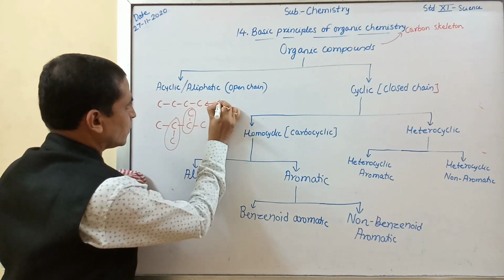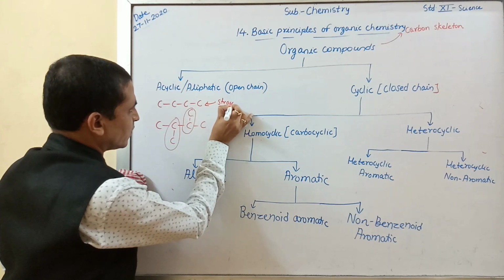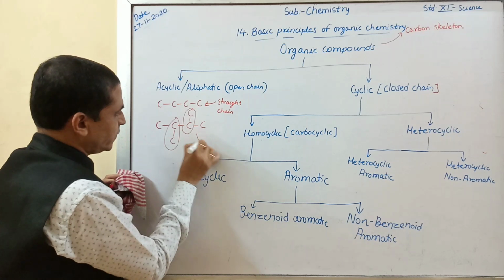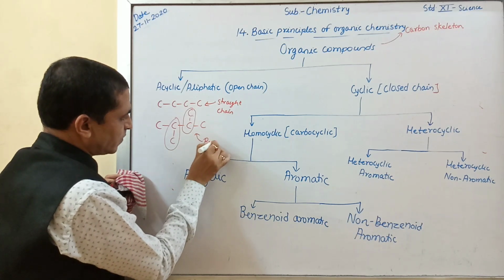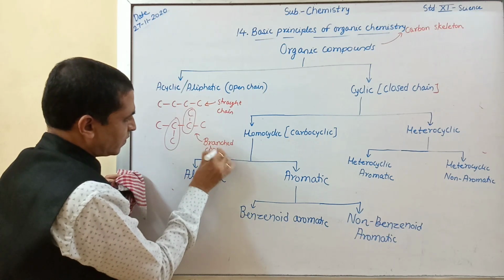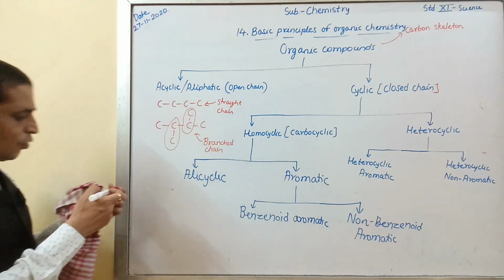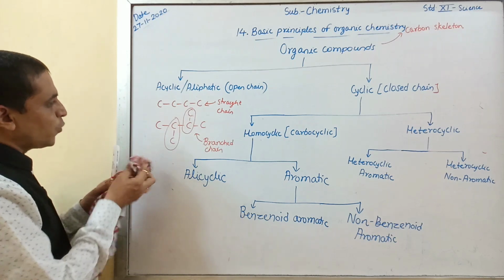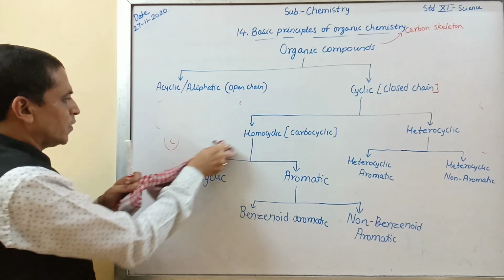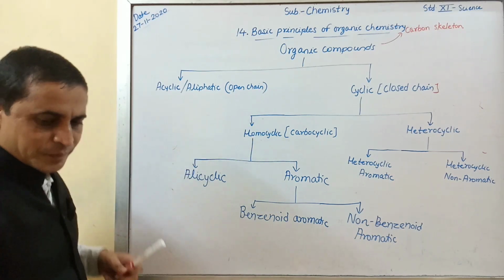See, it is what? Straight chain. And it is branch chain. Already we have studied about bond length formula.